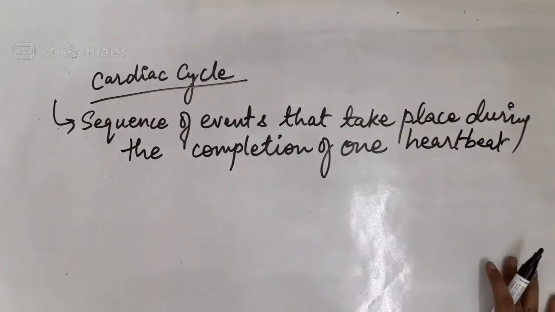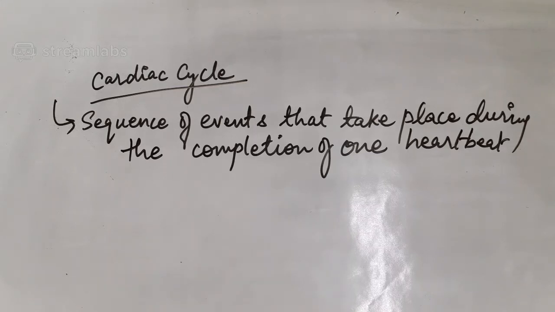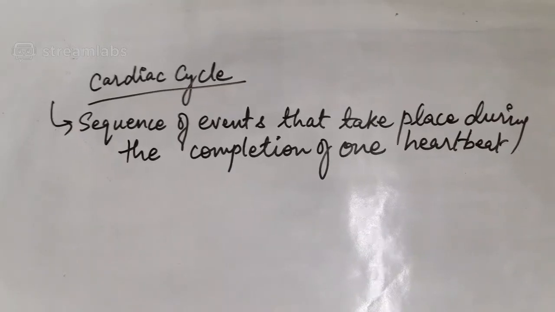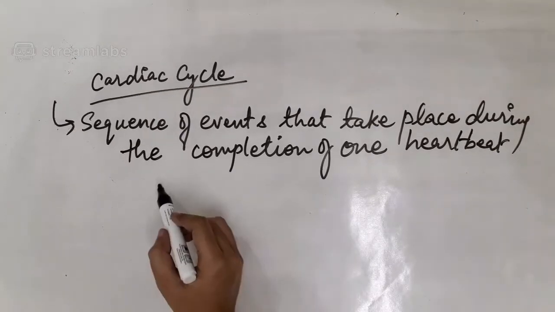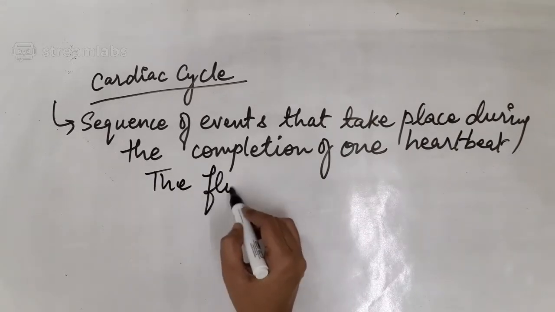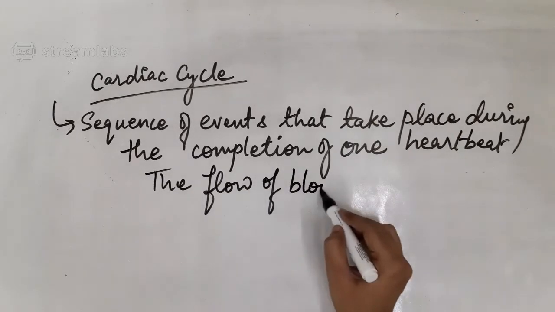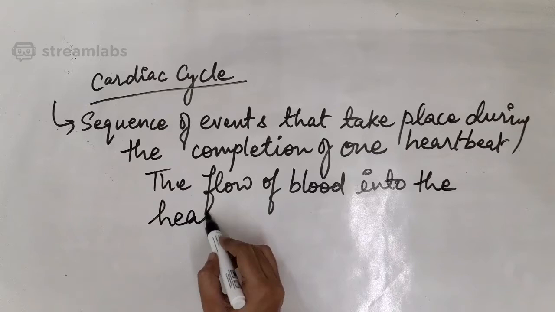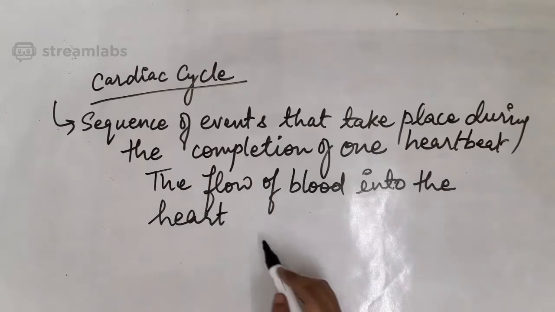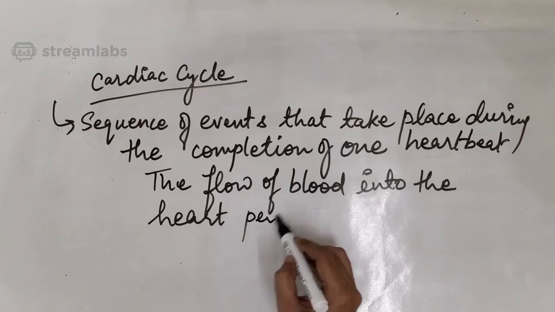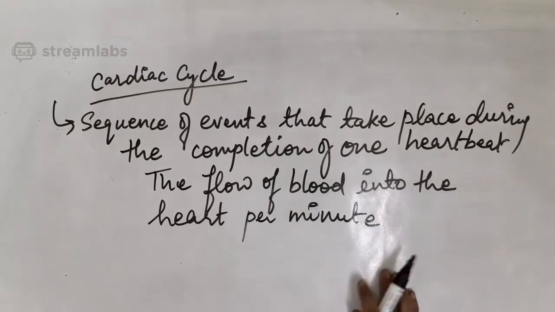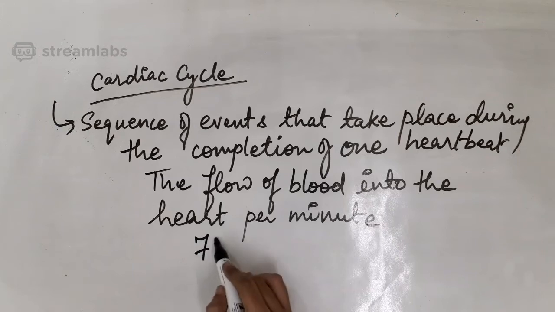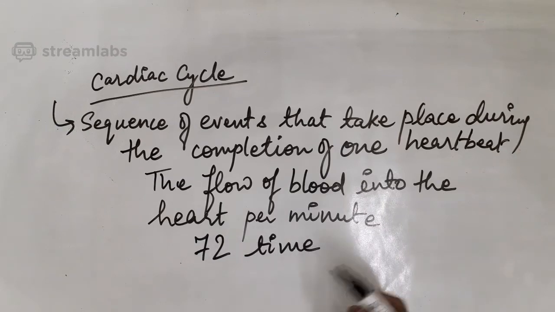And what is heartbeat? Heartbeat is the flow of blood into the heart per minute. It is about 72 times on average, 72 times in an average adult.